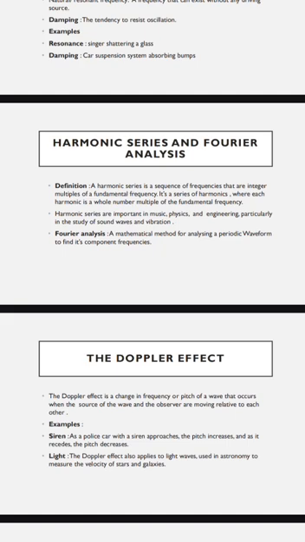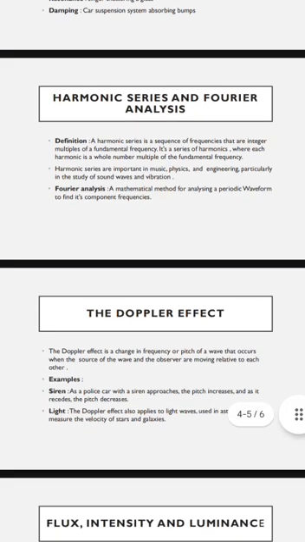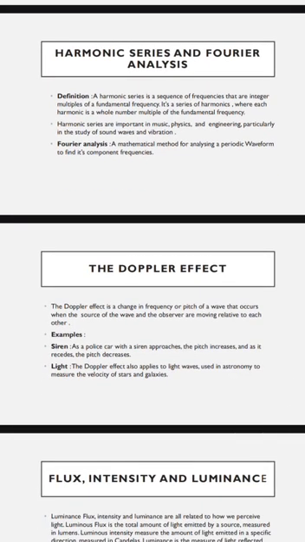Next, we go to the Doppler effect. The Doppler effect is a change in frequency or pitch of a wave that occurs when the source of the wave and the observer are moving relative to each other. It can occur that either the observer is at rest, or the source is at rest, or the observer is moving, or the source is moving. So their movement can be relative.